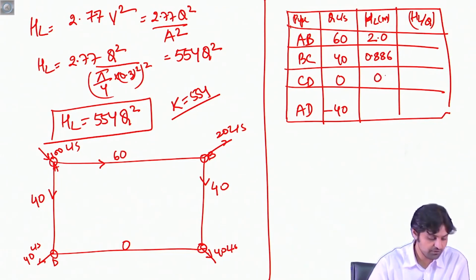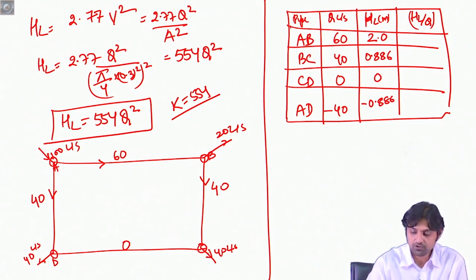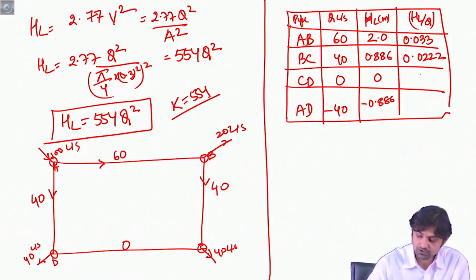Since this is 0, this will be 0, and this comes minus 0.886. We also calculate 2 by 60, in meters, because this is in meter and this is in liter per second. So we calculate HL by Q: 0.033, this will come 0.0222, this will come 0, and this will come 0.0222, same.